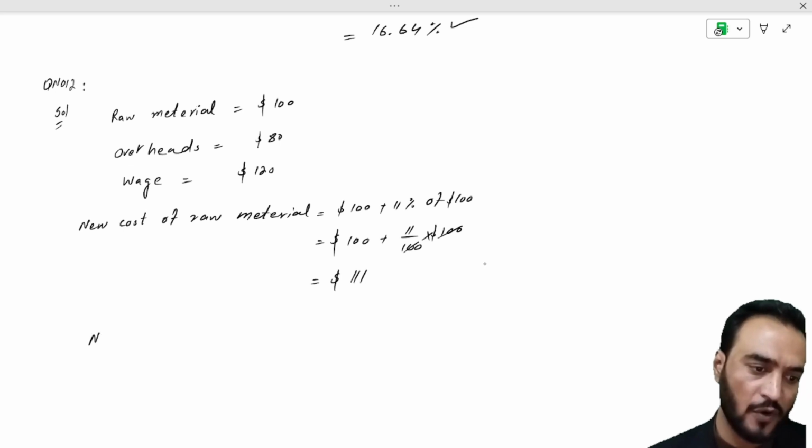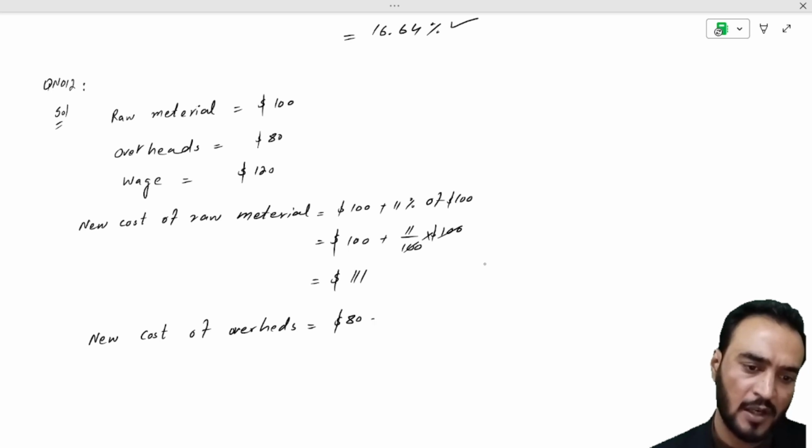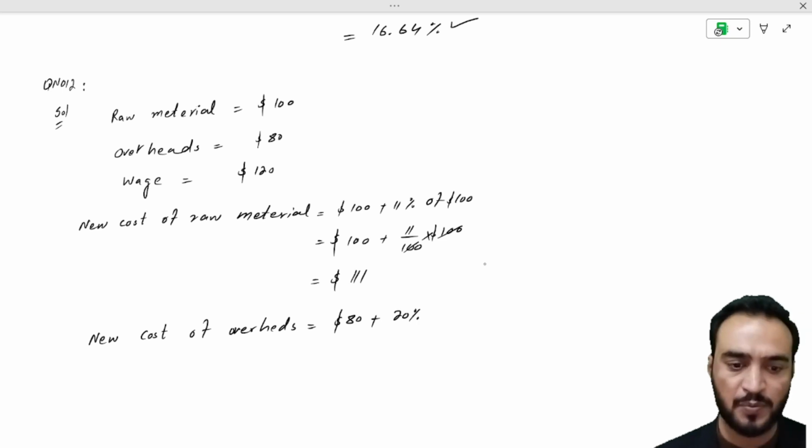So the new cost of overheads now is: overheads cost increased by 20%. So $80 was the original cost of overheads. Now we increase it by 20% because there is a 20% increase in the cost of overheads.